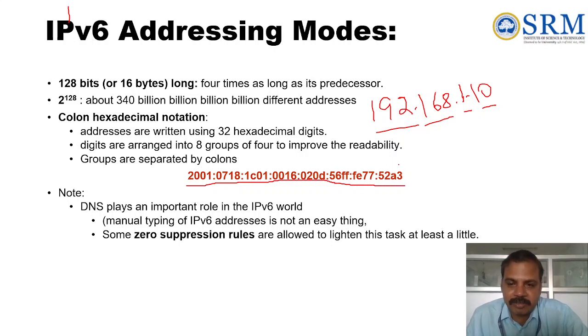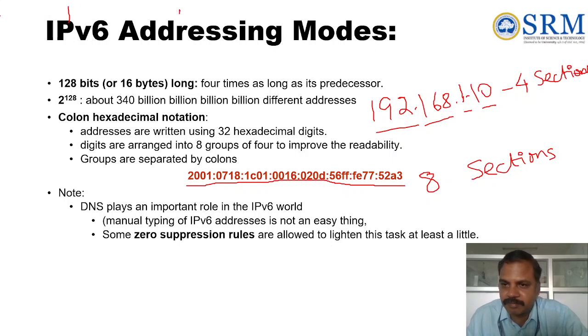In hexadecimal notation, the IP address is divided into 8 sections. Just remember, in IPv4 we have 4 sections, and each section follows the decimal number format.